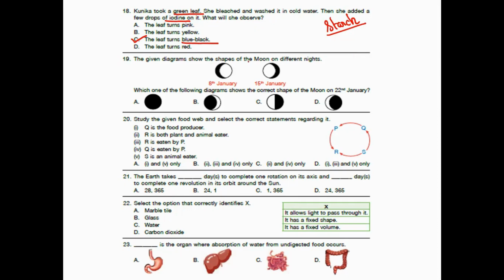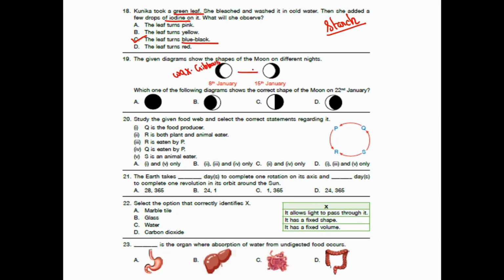Coming to question number 19. The given diagram shows the shape of the moon on different nights. Here we can see on 8th January, the shape of the moon was waxing gibbous, right?